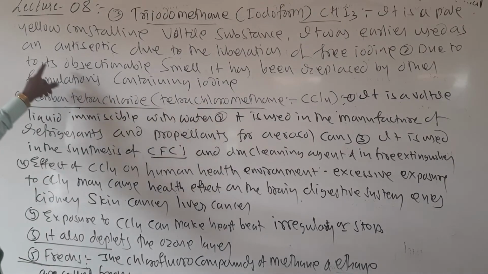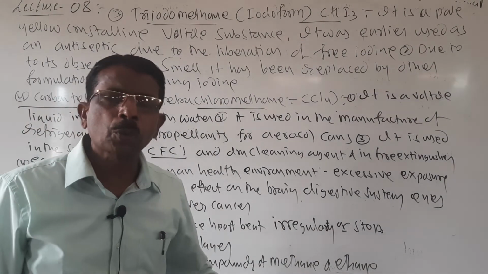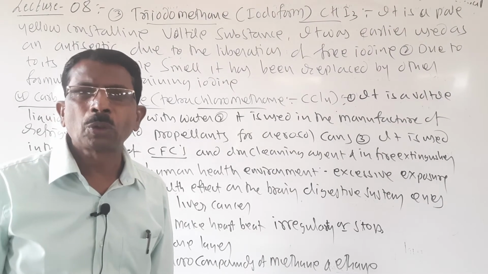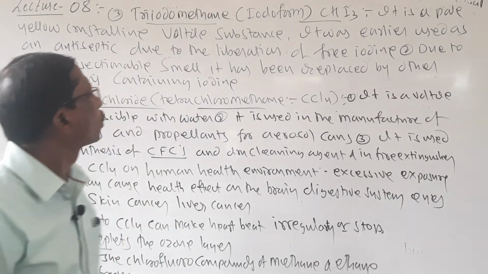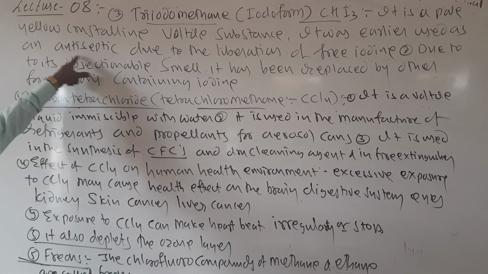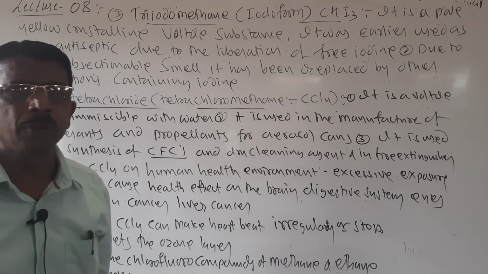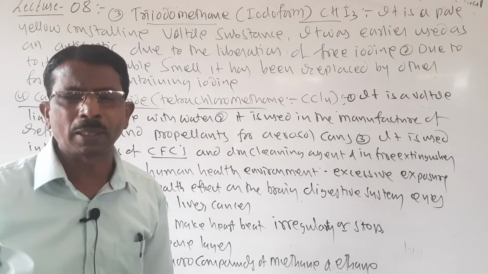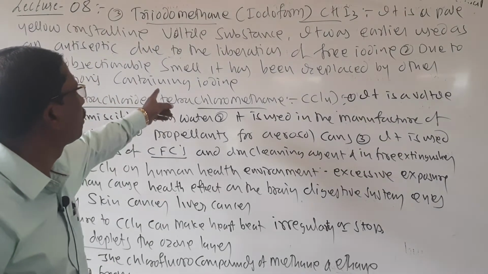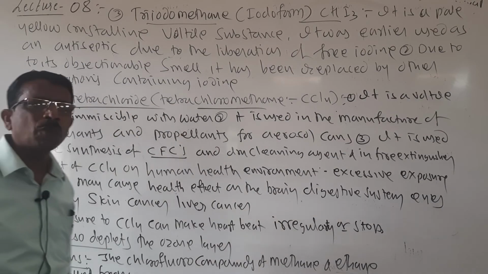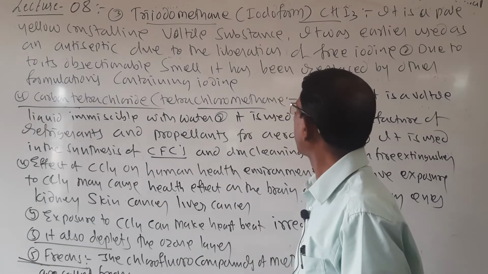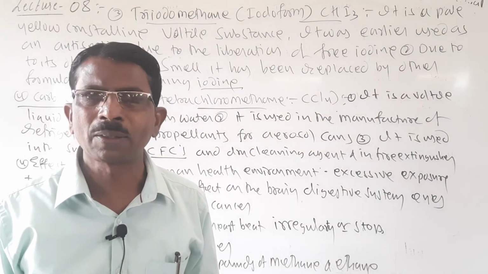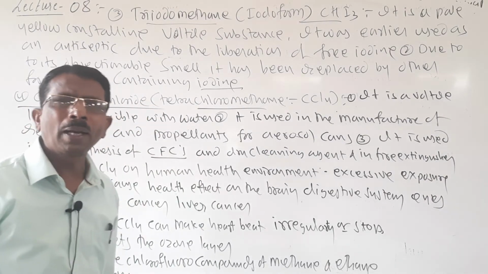It was earlier used as an antiseptic, and even today in sports, athletes use iodine, also called tincture of iodine. It was used as an antiseptic due to the liberation of free iodine, but due to its objectionable, pungent smell, it has been replaced by other formulations containing iodine. Nowadays we use other iodine-containing antiseptics.